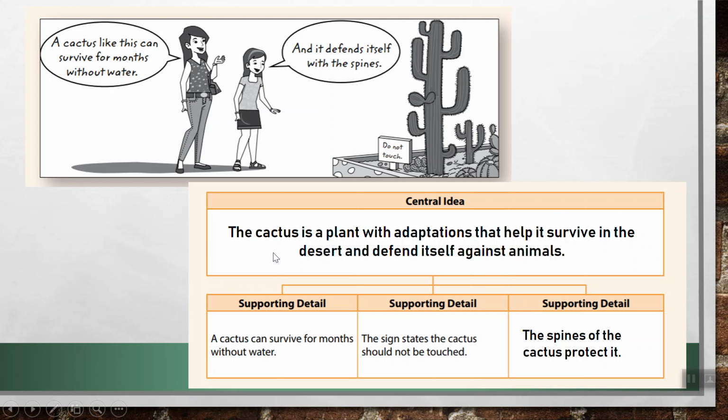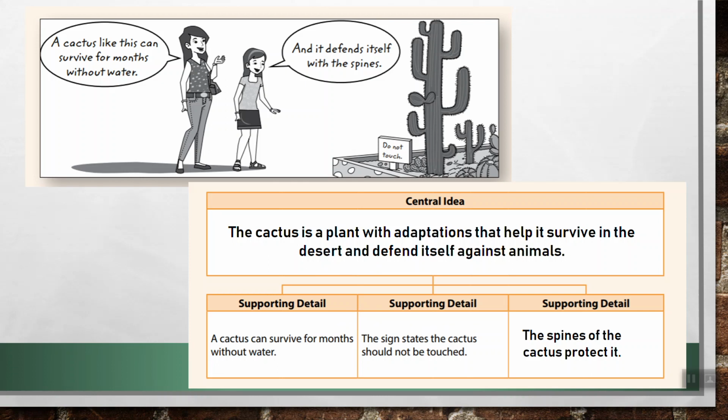The central idea is the cactus is a plant with adaptations that help it survive in the desert and defend itself against animals. Notice that wasn't stated in the picture, but we could infer it once we put all of these details together. Readers determine a central idea and supporting details so that you can better understand the text's meaning.